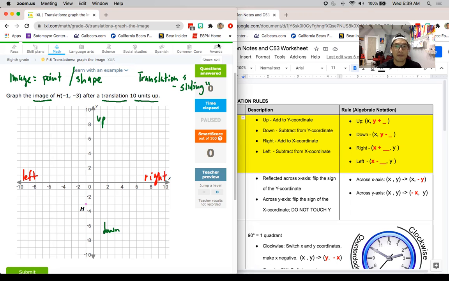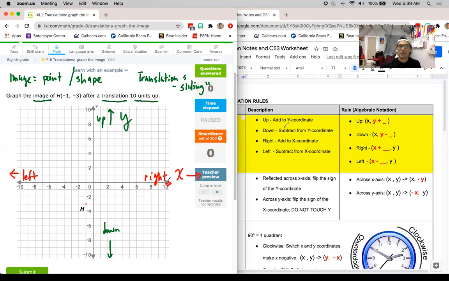But get comfortable with the coordinate plane and these different axes. So your X is going left and right. And your Y coordinate is going up and down.